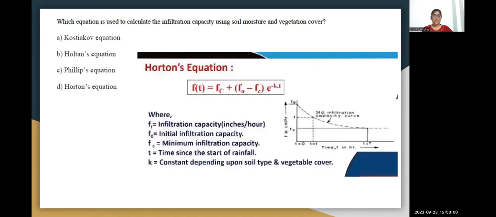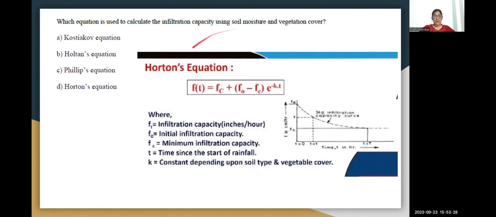Then, which equation is used to calculate the infiltration capacity using soil moisture and vegetation cover? All of these four equations are used for estimating the infiltration. Out of these, in the Horton method, the value K, which is a constant that depends on the soil type and vegetation cover, is used in finding out the infiltration capacity for a particular duration.